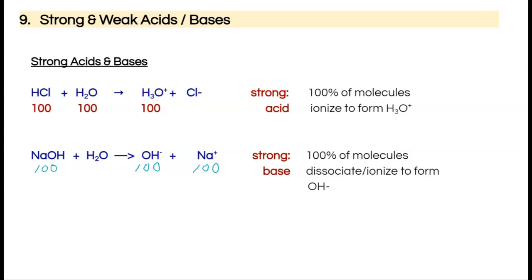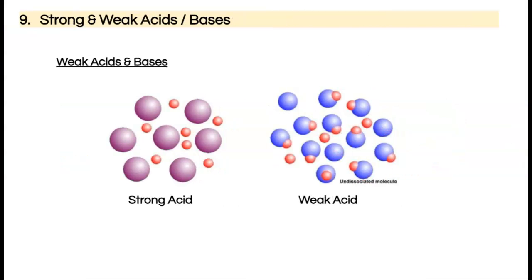Okay, now conversely, weak acids and bases are not going to dissociate 100%. If we were to zoom in on a strong acid, we would see that all of the particles will have dissociated. I'm going to assume this is a proton and that this is the anion that would be with that proton.